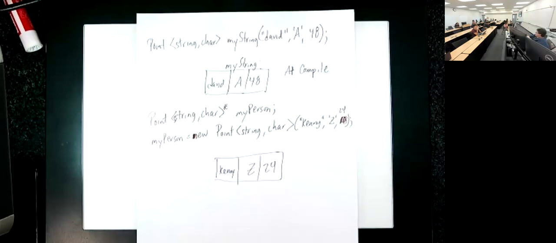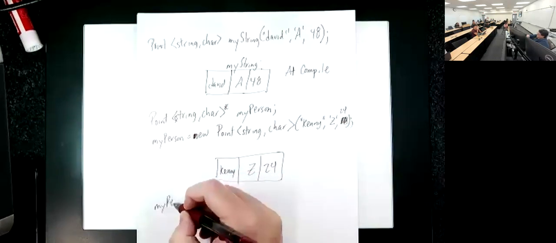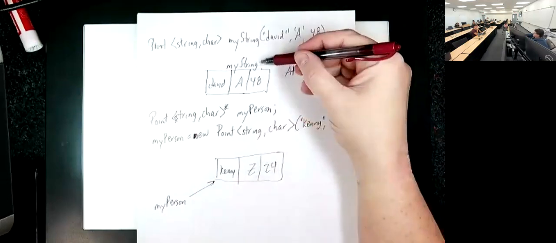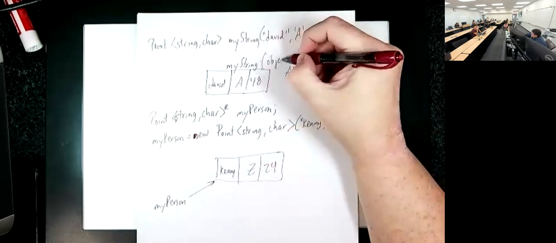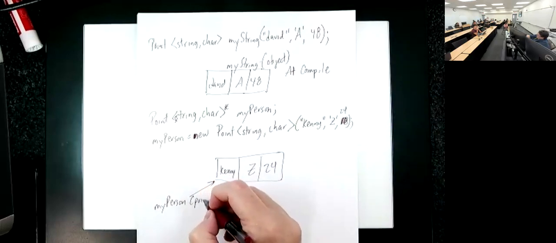But the box is not named. There's no name on it. All we have is the pointer, my person. So my string was the name of the object. And my person here is just a pointer to memory.